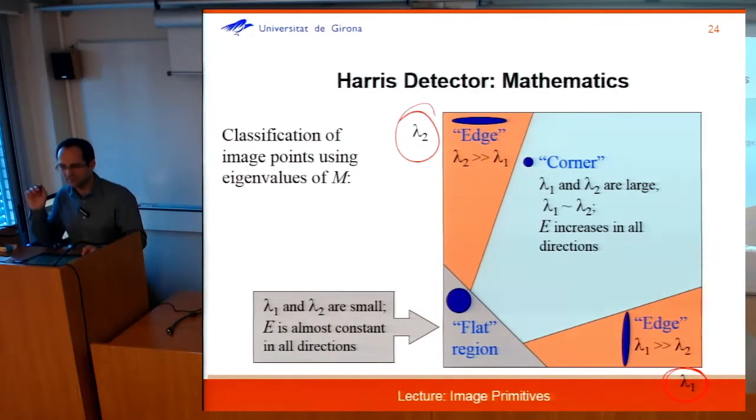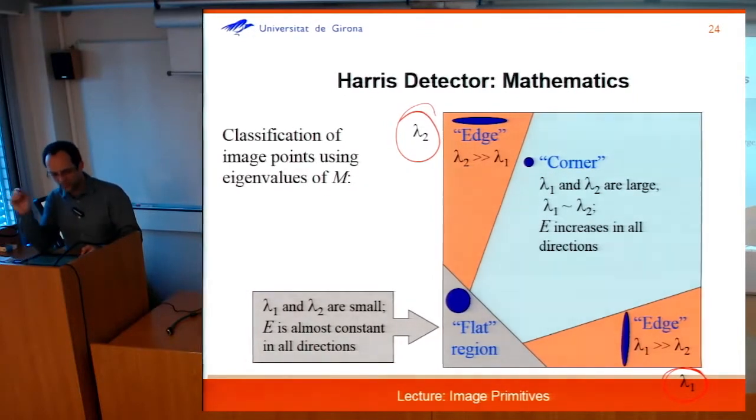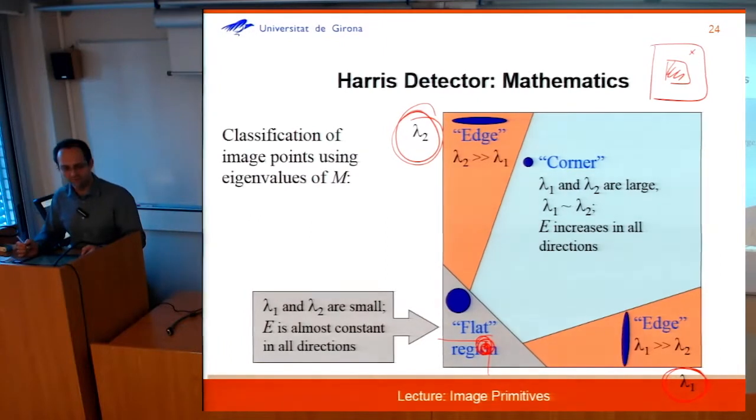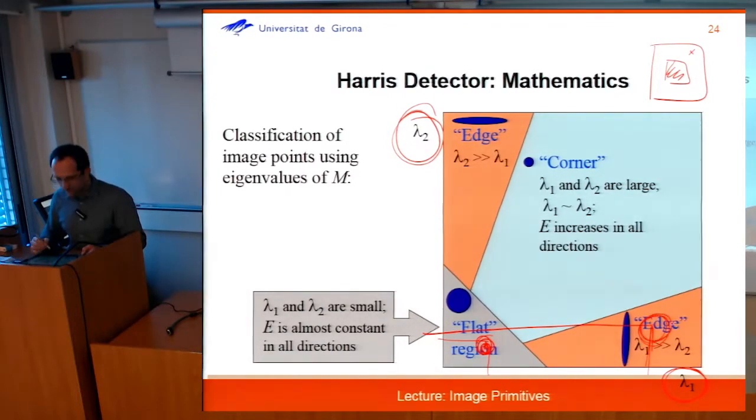Now, remember, this is a matrix that I compute from the derivatives for every pixel in my image. So this is going to tell me, okay, this pixel, is it a corner? I look at the eigenvalues and I say, if lambda 2 and lambda 1 both are small, I'm in a flat region. In that example that I put before, this is going to be like this pixel here. If imagine that lambda 1 is big, but lambda 2 is small, I'm in this area here.